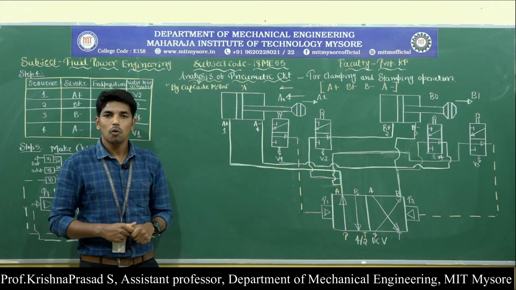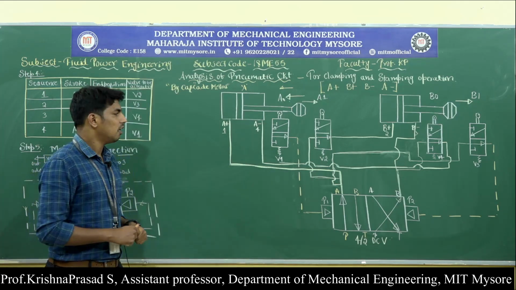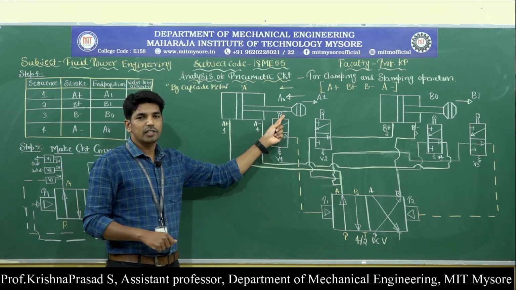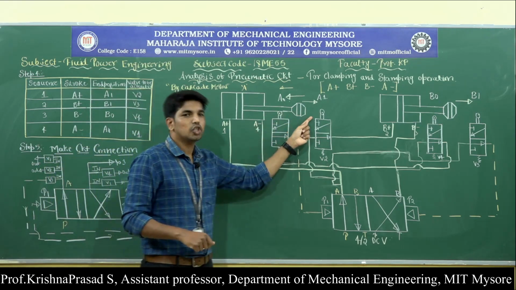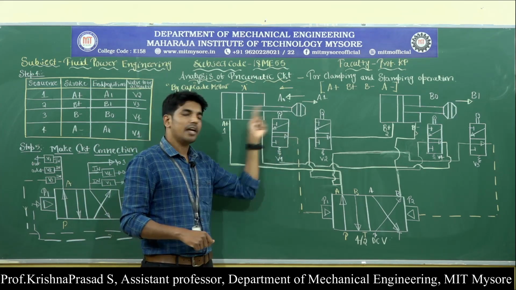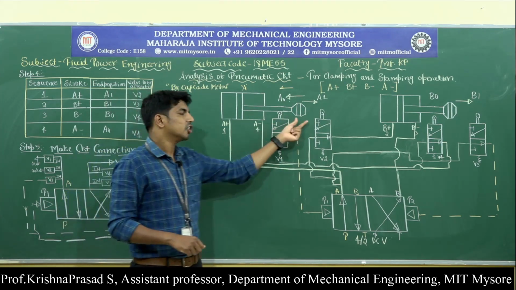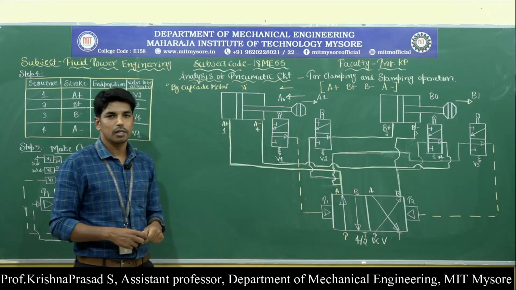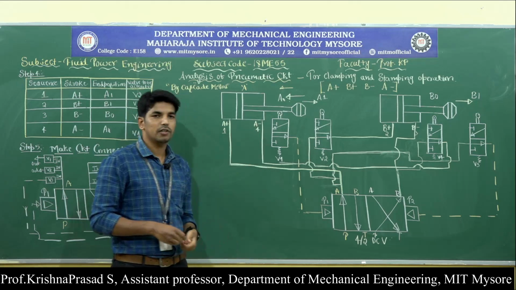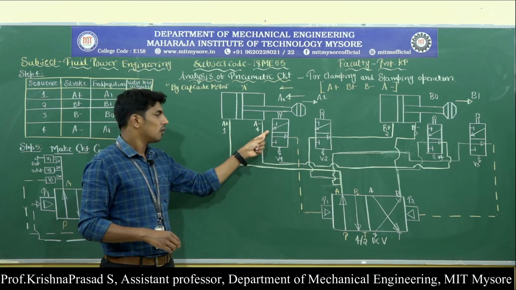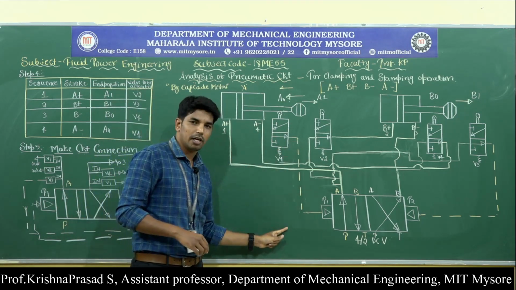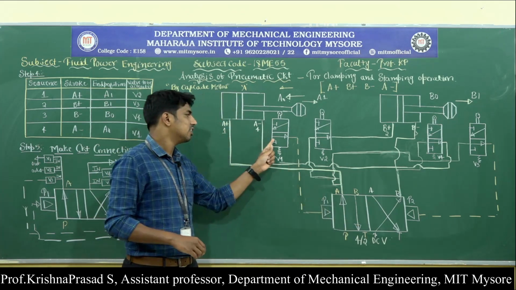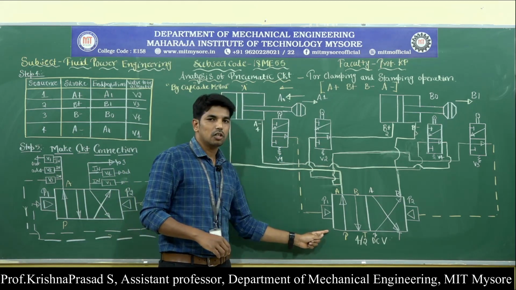Okay. So now we need to analyze the working. Initially valve V1 is actuated by the retraction stroke of cylinder A from the previous cycle. Once valve V1 is actuated, the pressurized air from valve V1 enters into the 4/2 direction control valve.